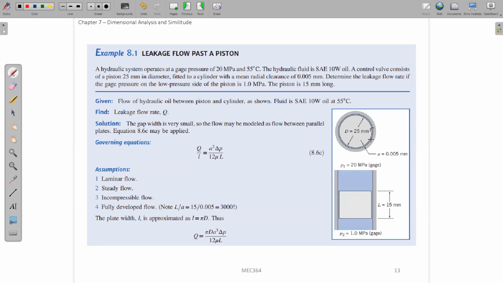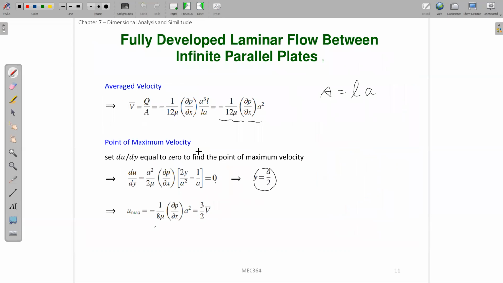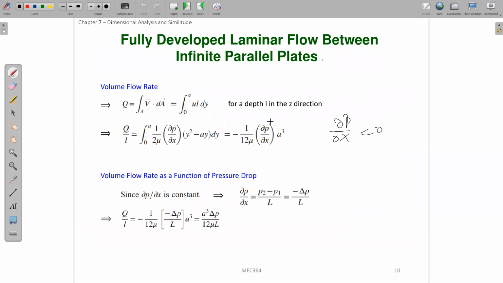This is only valid if the gap is much smaller than the diameter d. The problem asks us to calculate the leakage flow rate, the volume flow rate, so we can use our volume flow rate result here.